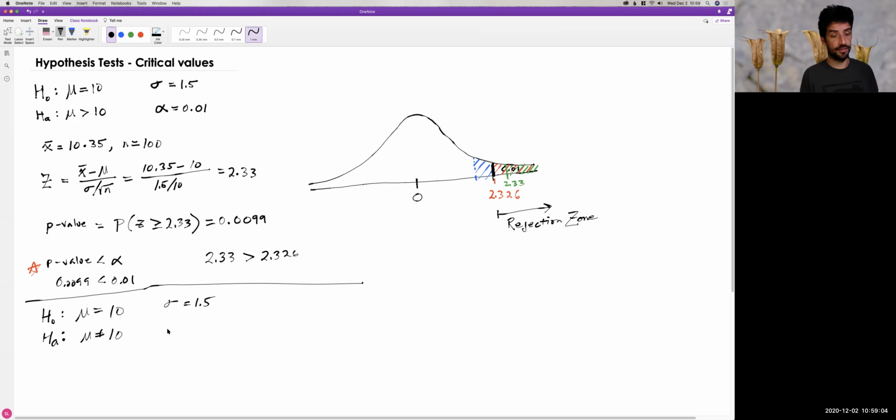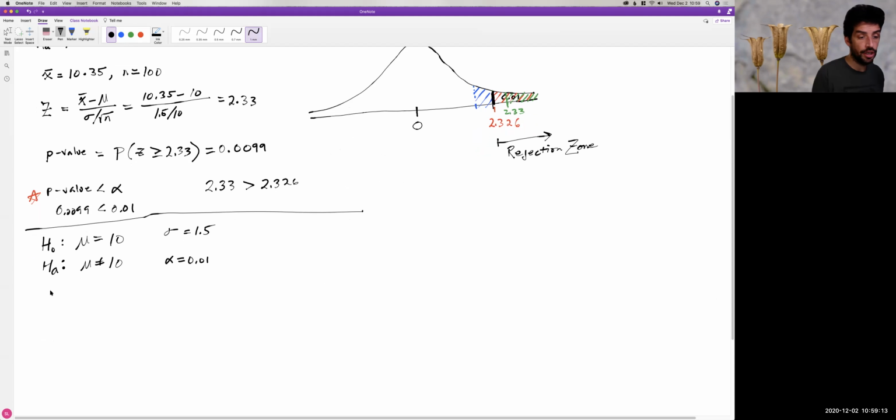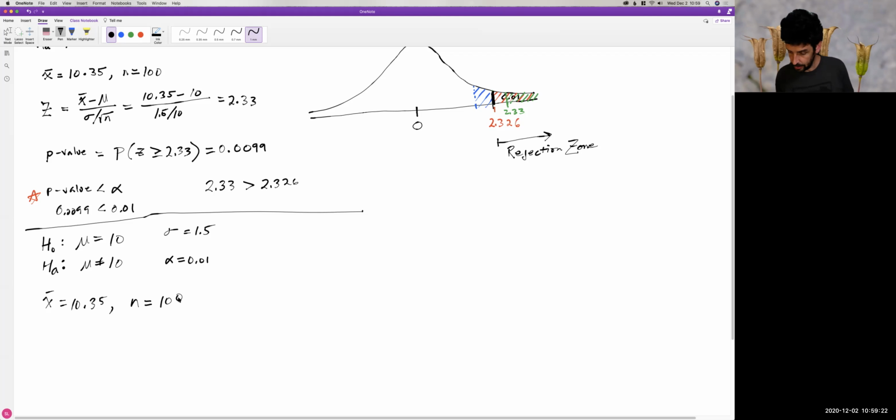We don't have a sense necessarily in what direction. And we're still looking to test with an alpha of 0.01. Well, suppose we still went out and got that same sample. Okay. So now instead of computing the p-value, let's do this by looking at these critical scores.